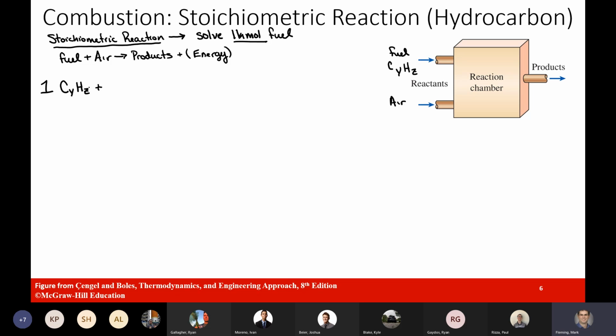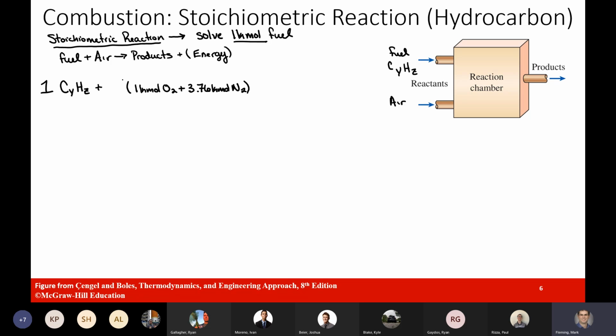Okay, so at this point we have to add in the air, because that's the other part that we have for our combustion reaction. What was the model we had for air? If we go back a few slides, we had 1 kmol of O2 plus 3.76 kmol of nitrogen.